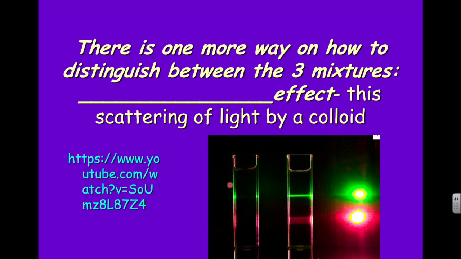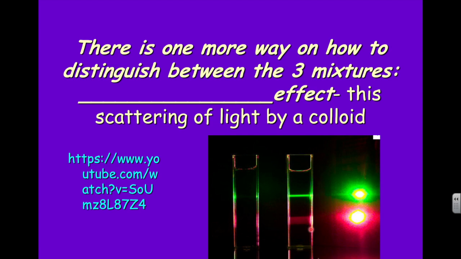So if you're at home right now, I suggest you try this. If you have a laser pointer, you can shine it at some actual water, or you can just use the light on your phone, it should work. Shine it at normal water, and you get nothing. You don't actually see the light going through the water.